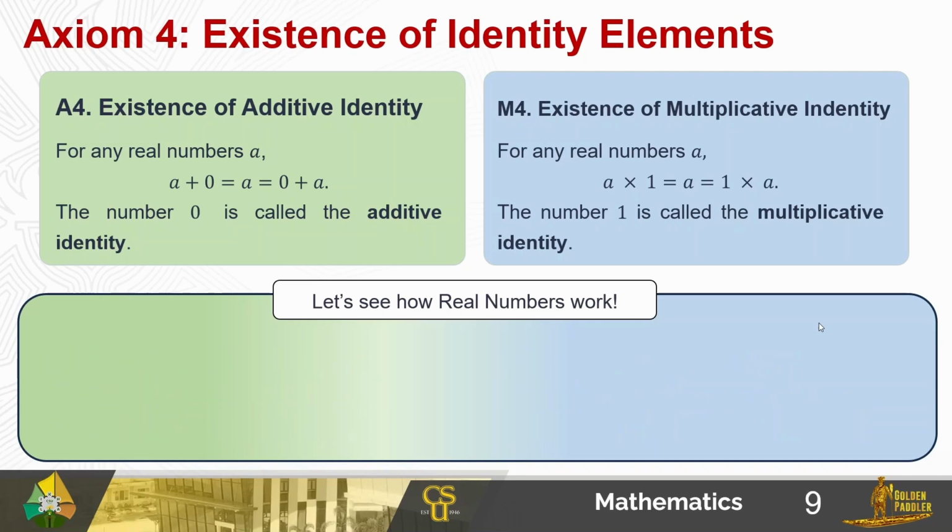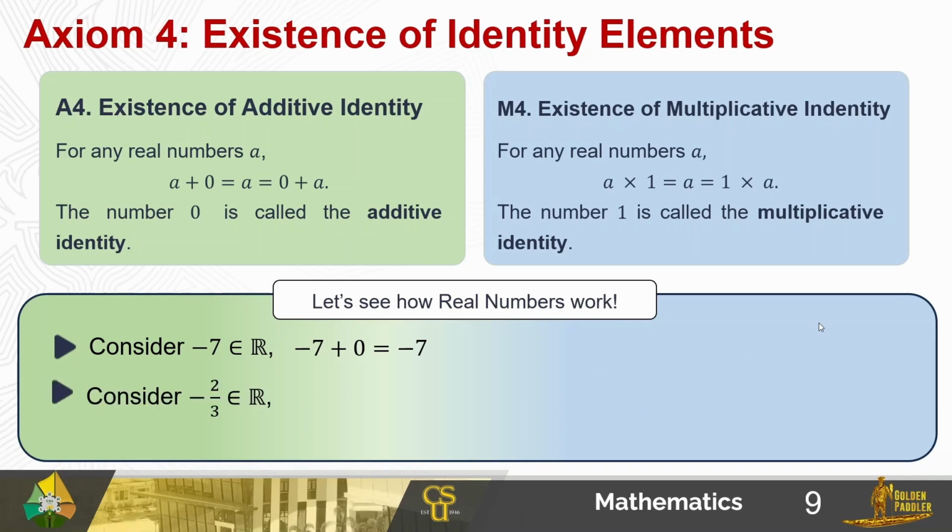Now, let's consider negative 7. Negative 7 plus 0 is equal to negative 7, the same number. If we have negative 2/3, again, negative 2/3 plus 0 is equal to negative 2/3. So it means 0 is an additive identity for whatever the number is.